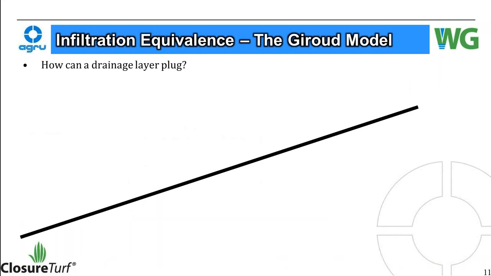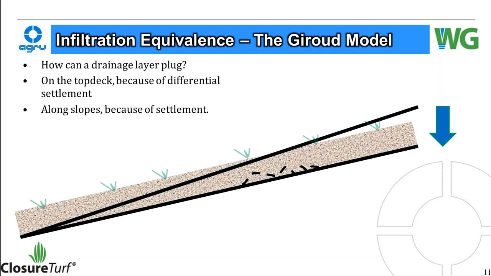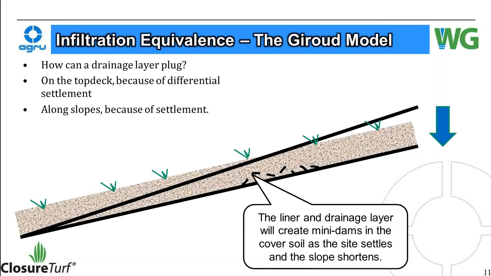Well, the question is, how can a drainage layer plug? Well, on the top deck, that's fairly obvious. You get differential settlement, you get pools forming up there, you will have a saturated drainage layer. On side slopes, it's also because of settlement, just not differential settlement. As the landfill settles up to 25% of its original thickness, you'll see that the vertical component here is going to shorten while this horizontal component does not.